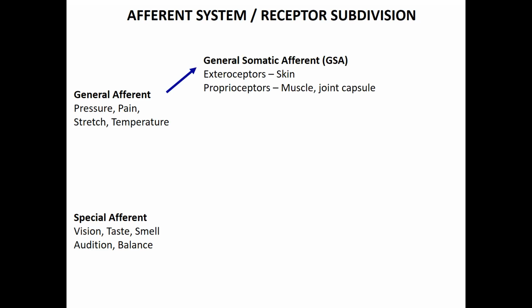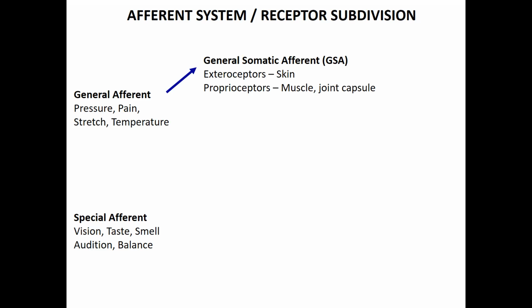Now looking at the general afferent, it again has two divisions. One is the general somatic afferent, and as the name indicates, it is associated with the general body wall. Soma is the term used for body wall. So the general somatic afferent is the sensory system associated with the body wall of the animal. Within this system, there are two types of receptors.